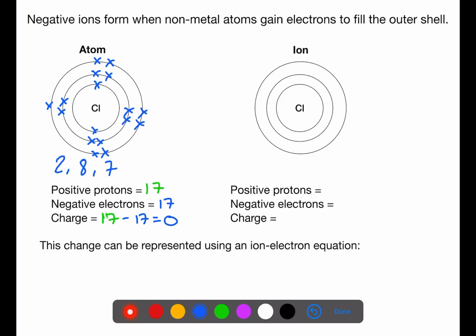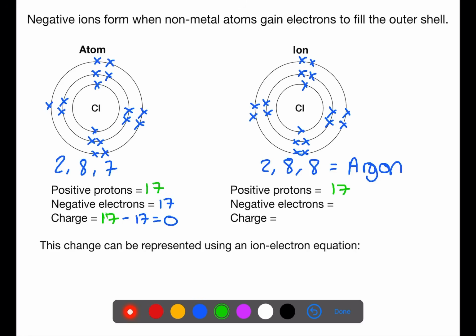To become an ion, chlorine will gain 1 electron to fill this space in its outer shell. This means that it will now have an electron arrangement of 2, 8, 8, which is the same as argon. We'll have 2 electrons in the first shell, 8 electrons in the second shell, and now 8 electrons in the third shell, making this stable.